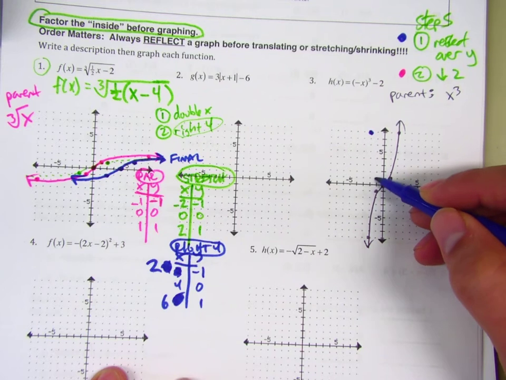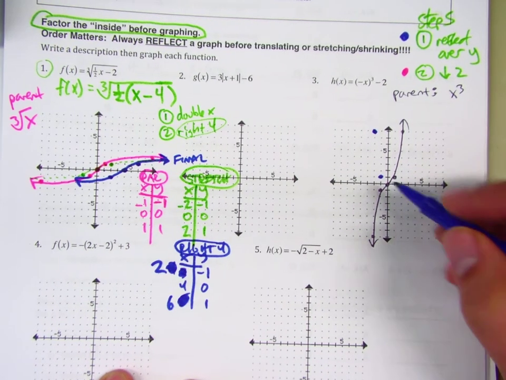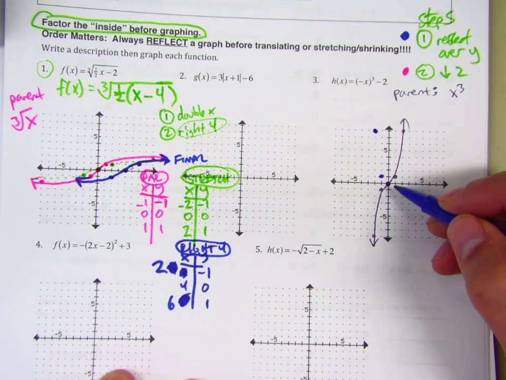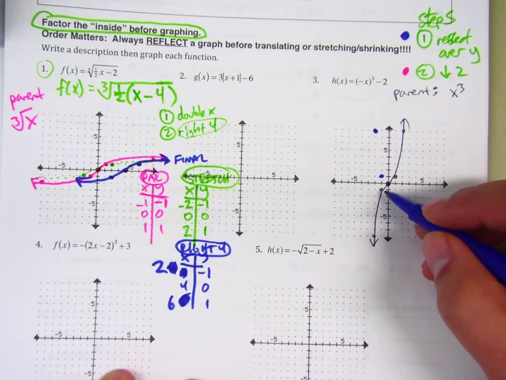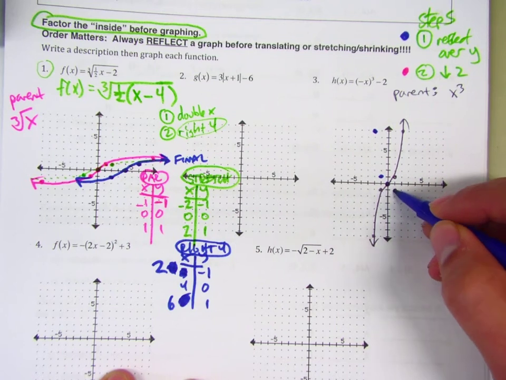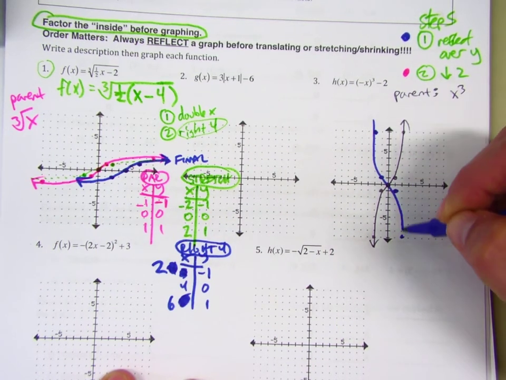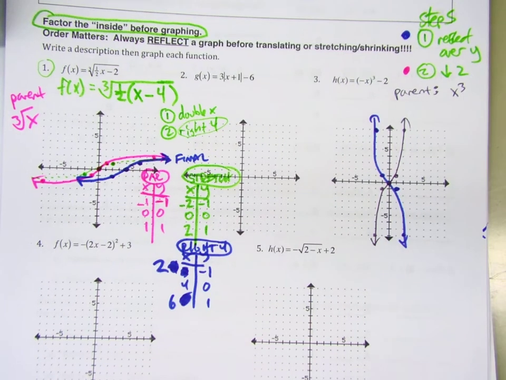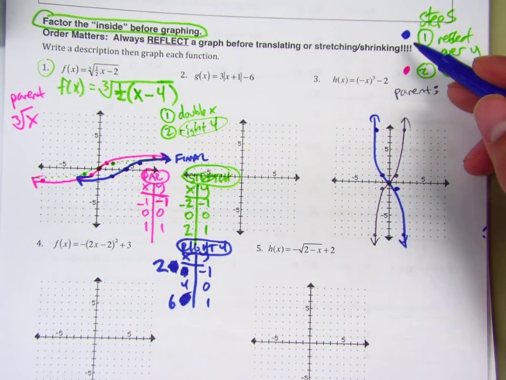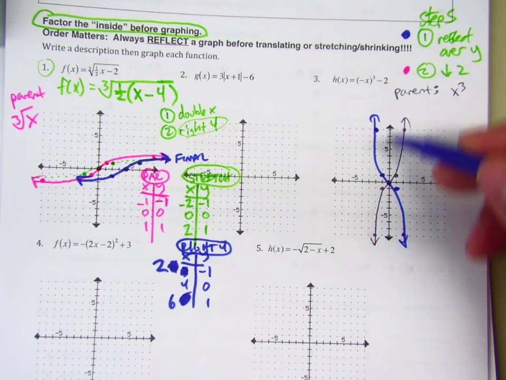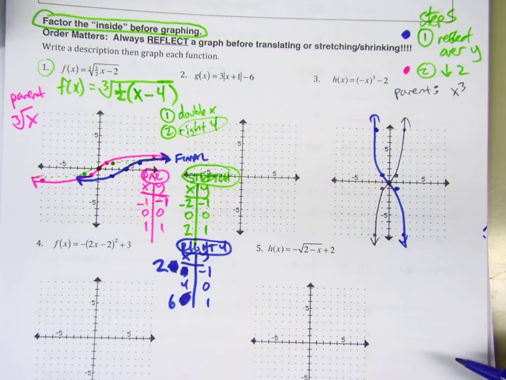This point flips over y. This point is already on the y-axis, so it's not going to move anywhere. But now these points go from left to right. And so after step 1, now I'm here. Does that make sense to everybody?